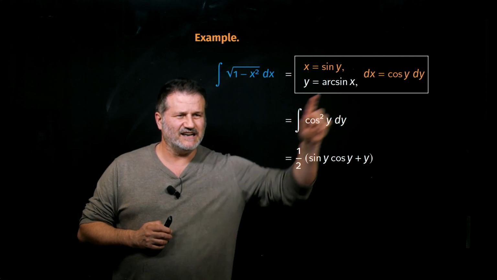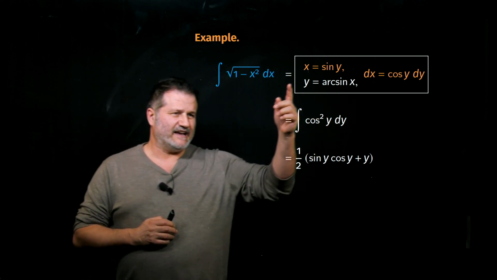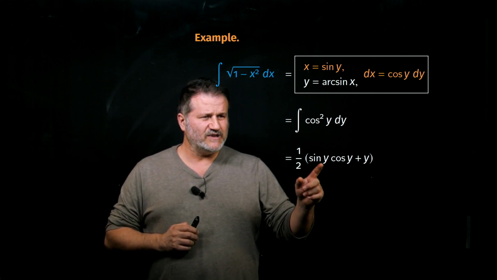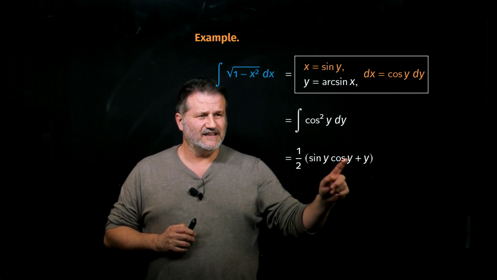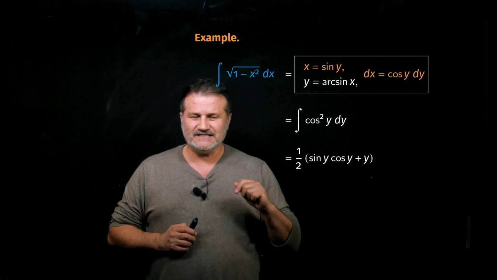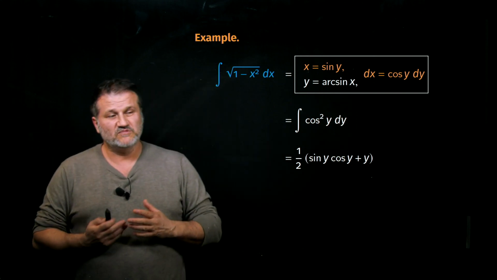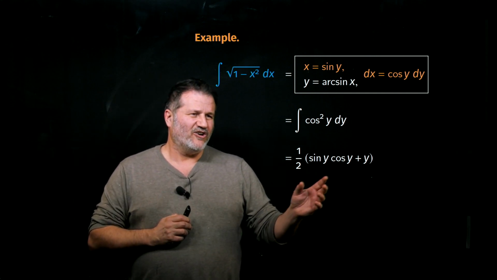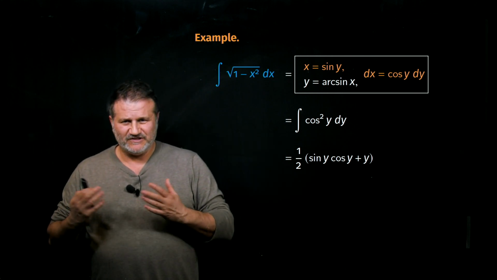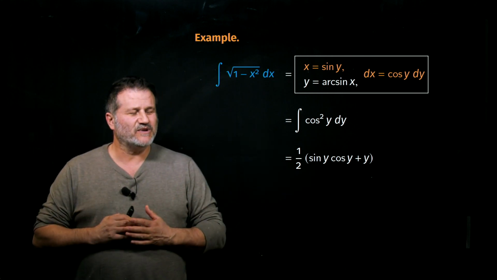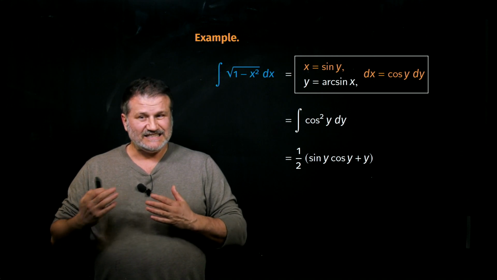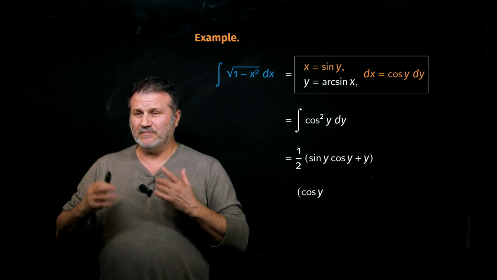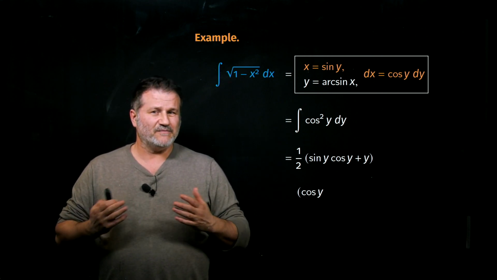So the primitive of the root of 1 minus x squared is equal to 1/2 of sine y cos y plus y, where y is the arcsine of x, and x is the sine of y. So returning back to x, we can say that sine y is x. This y is arcsine x. And what about cos y? We could write cosine of arcsine x, or a little bit better, remembering the fundamental identity, cos squared plus sine squared equal 1, we can say that cos squared is 1 minus sine squared, so cos is plus or minus the root of 1 minus sine squared.